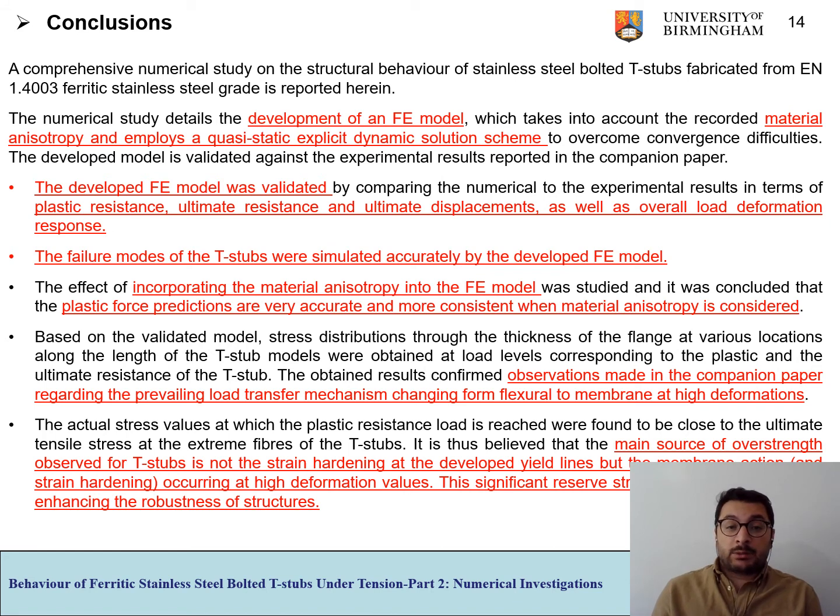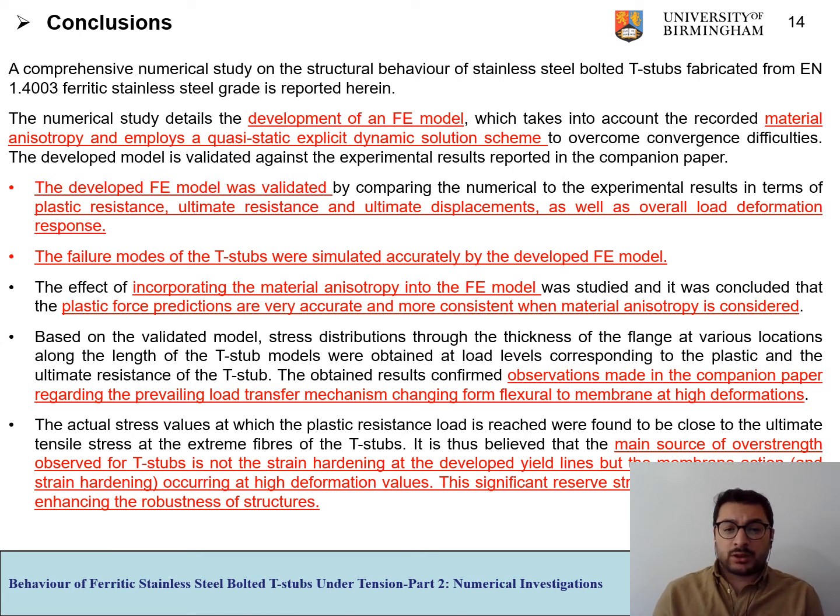The developed finite element model was validated by comparing the numerical to the experimental results in terms of plastic resistance and ultimate resistance, as well as the overall load deformation response. The failure modes of the T-stub were simulated accurately by the developed finite element model. The effect of incorporating the material anisotropy into the finite element model was studied, and it was concluded that the plastic force predictions are very accurate and more consistent when the material anisotropy is considered.